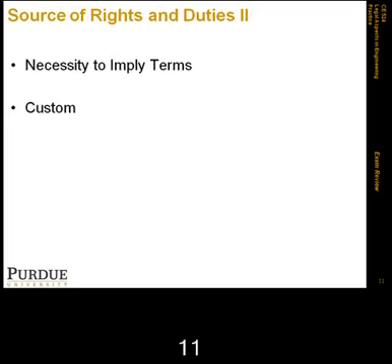Established customs are sometimes a very convenient method for trying to understand how people think and how to fill in the gaps. Another source, again, for implied terms is building laws.